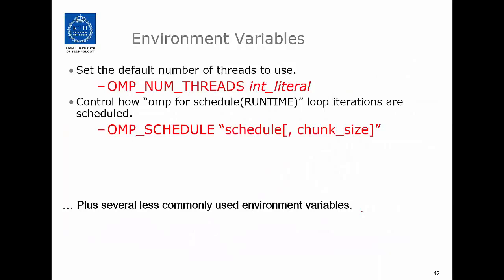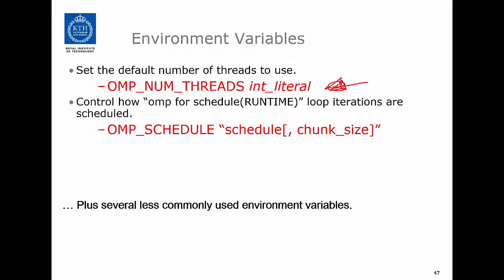And then there is some use of environment variables, and one of the most common ones is OMP_NUM_THREADS. This is the way to control the number of threads that the program will use, that I usually use, and which is very convenient if you want to change the number of threads from one run to another.